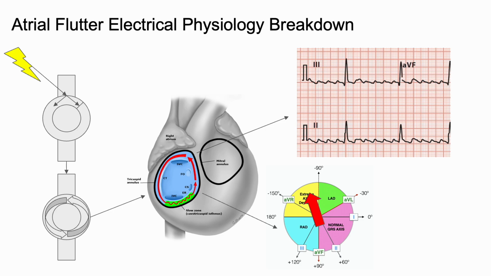You might be seeing this axis down at the bottom too, which shows the direction of the impulse of the atrial wave relative to our normal EKG axes, which will help us understand how we can differentiate counterclockwise from clockwise typical flutter going forward. As we can see, we have negative flutter waves in our inferior leads, which makes sense based on the direction of the atrial impulse axis as shown here.